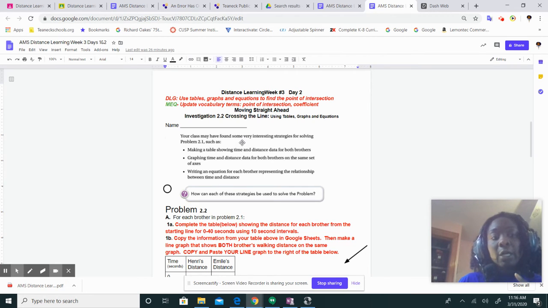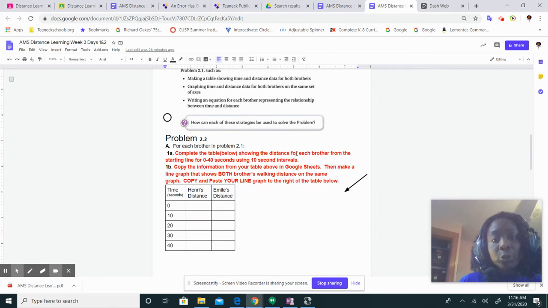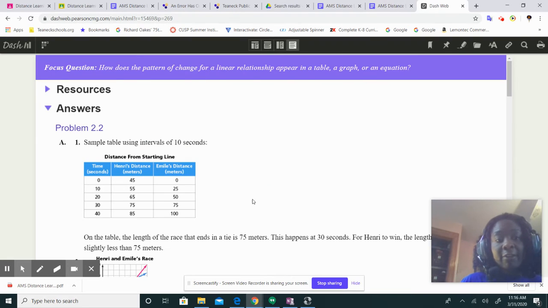Maybe I'll insert a table in Google Classroom so you can see it. But in any case, what you then had to do for this particular problem is complete the table showing the distance from the 0 to 40-second mark in 10-second intervals for each brother. So I wanted to show you what they have. So that's the answers you should have had for answer A1.